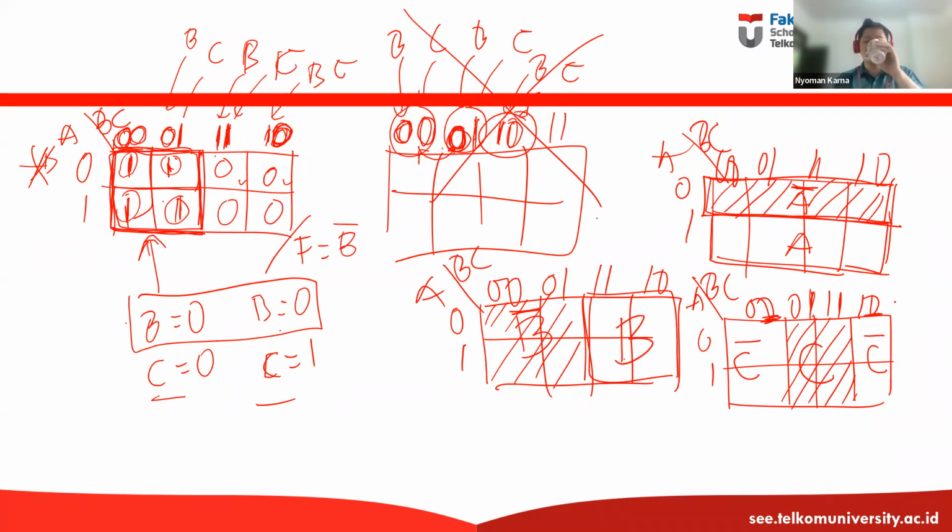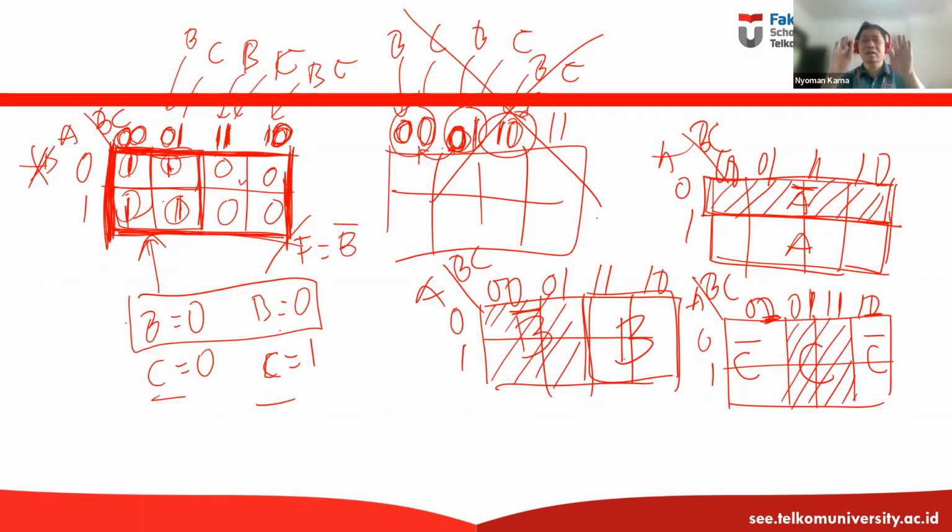Now we have another rule for the K-map. The second rule is think about the K-map like a globe. So this part or this side of the K-map is actually connected to each other. It's like a globe. And also this side of the K-map is actually connected to the bottom layer here.